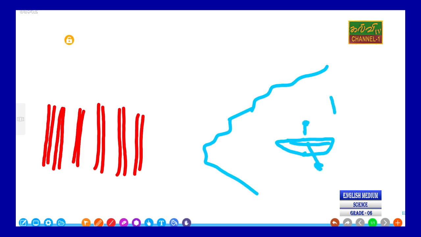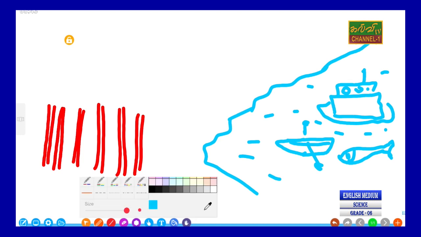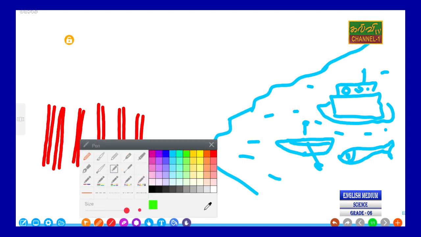So this is the beach, right? Beach side. But here the coconut trees produce leaves.